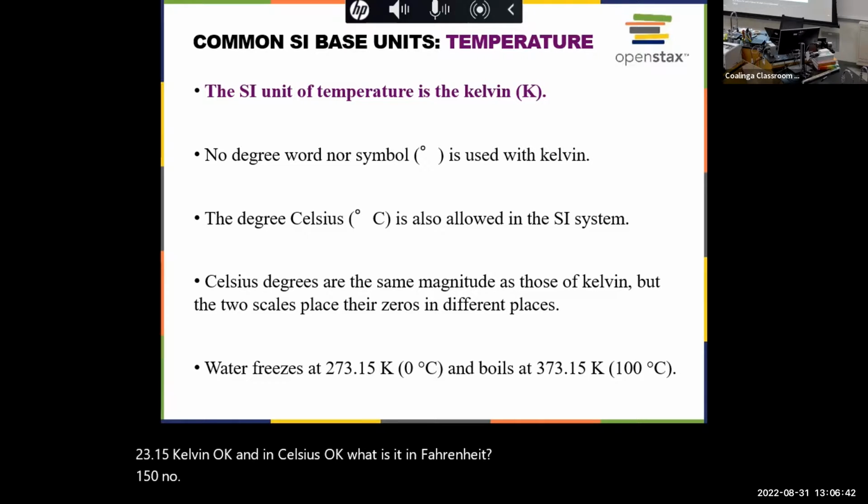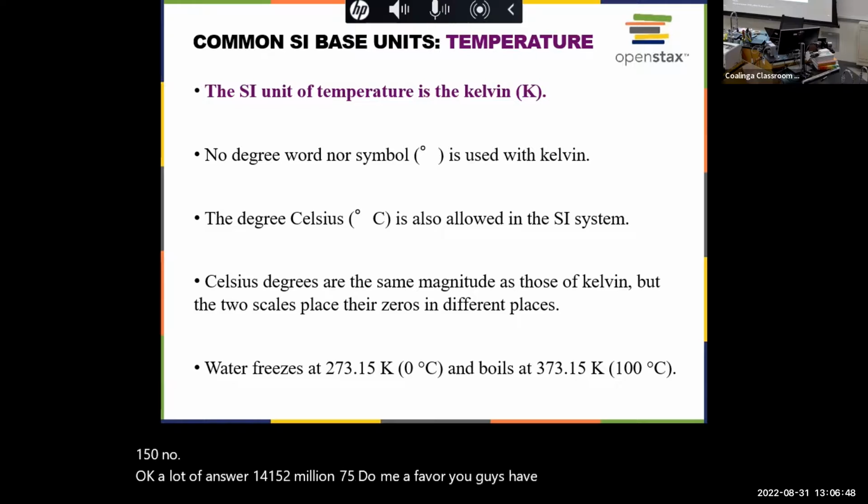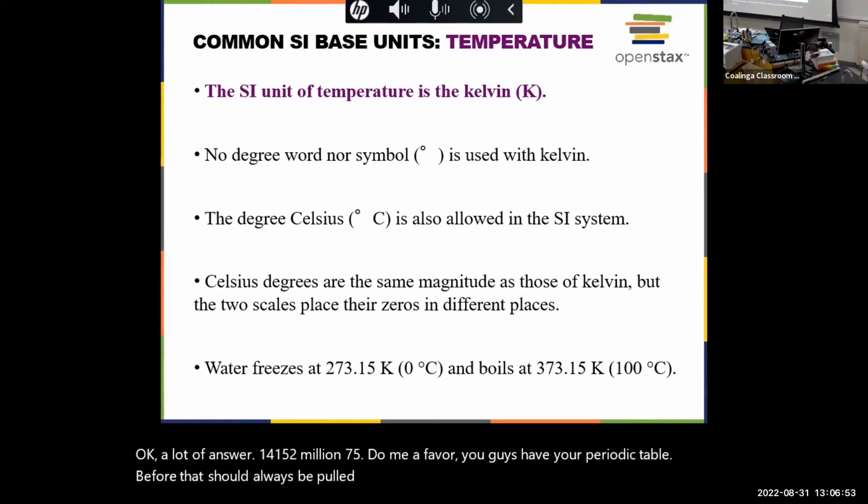Okay, a lot of answers: 140, 150, 75. Do me a favor. You guys have your periodic table available. Is it pulled out? It should always be pulled out for the class.